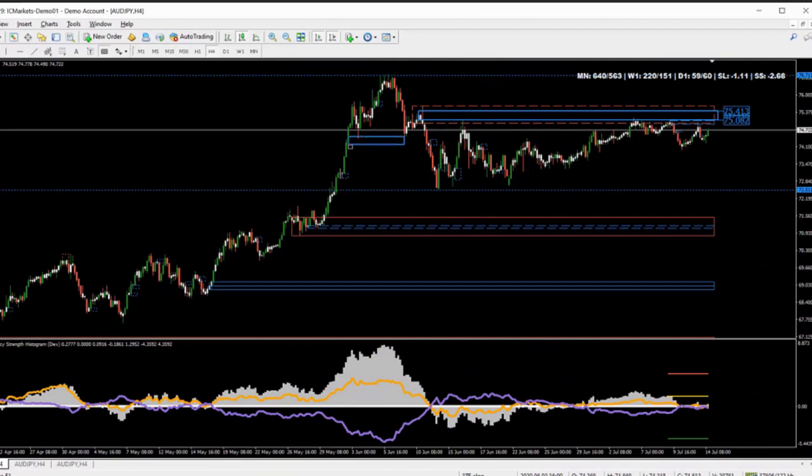And you can't see it on this time frame, which is why I refer to it as micro demand.